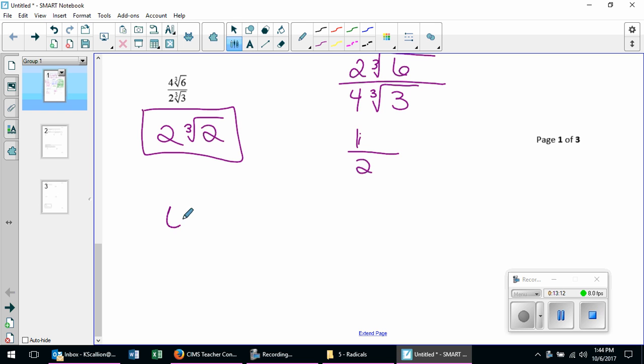If I wrote this, 6 divided by 3, what do you get for an answer? You're all really comfortable with this. So that's the exact same thing here. So does the cube root of 2 live on the numerator or the denominator? The numerator. So this is supposed to be a 1 here.